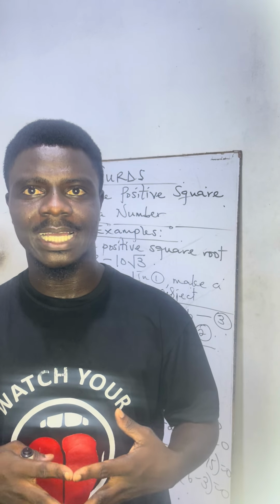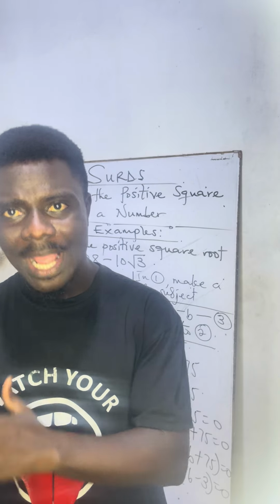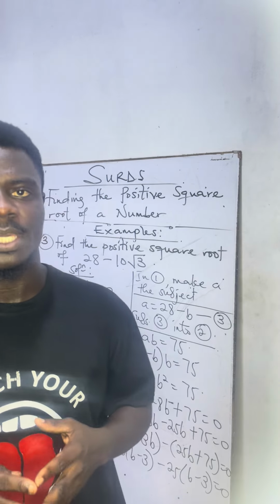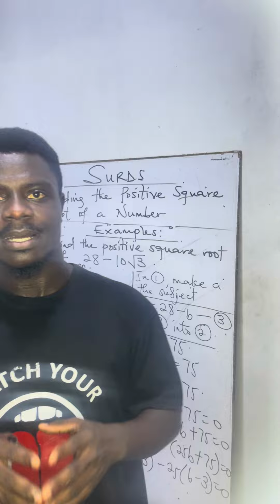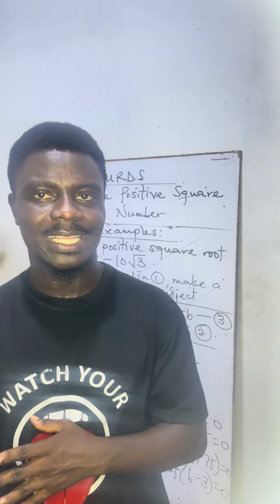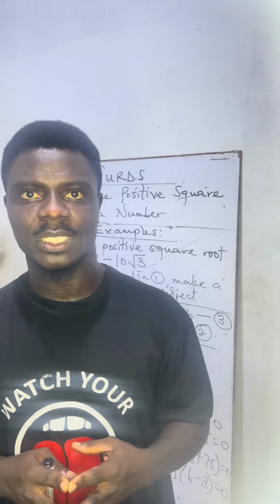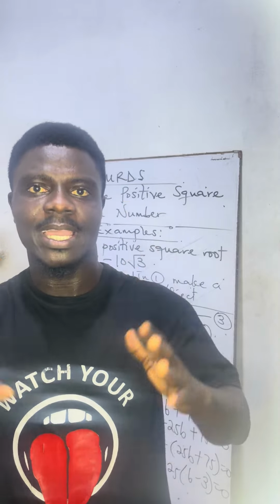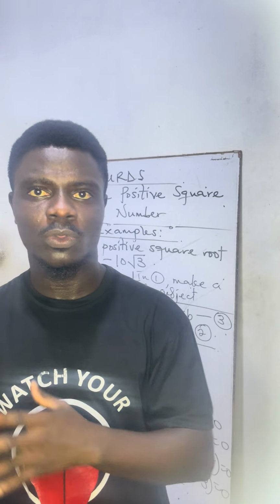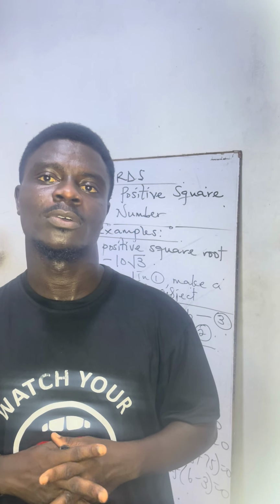If you don't understand, play back the video several times till you get the understanding. I believe you will understand this subtopic, finding the positive square root of a number. Very, very simple. Just put in mind that you sail through this subtopic, and I believe God will crown you with success.